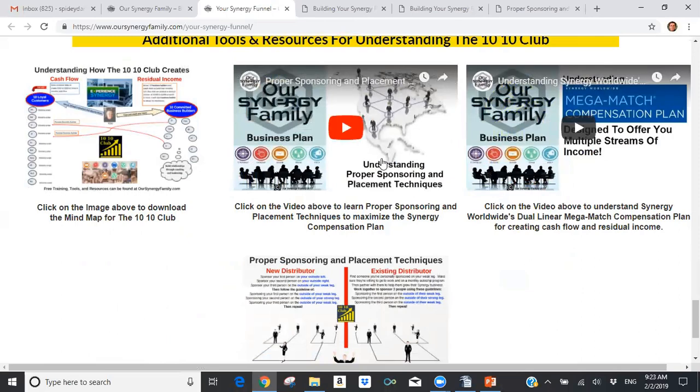Now, again, this is the resource page on our Synergy family website, this is your Synergy funnel page. And as you scroll down, we have a video, Understanding Proper Sponsor and Placement Techniques. That video will help you understand how to properly bring people into Synergy Worldwide and how to properly place them in great depth and detail, and showing you the power of what this does for you.